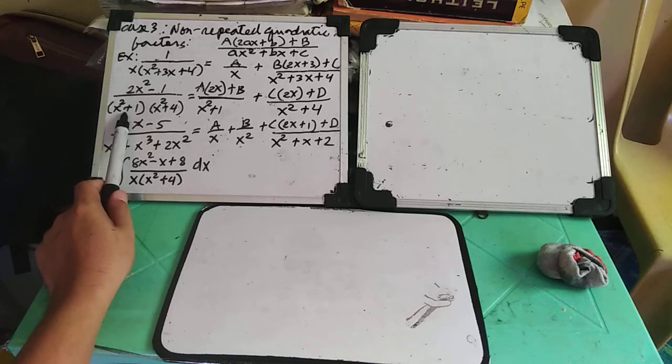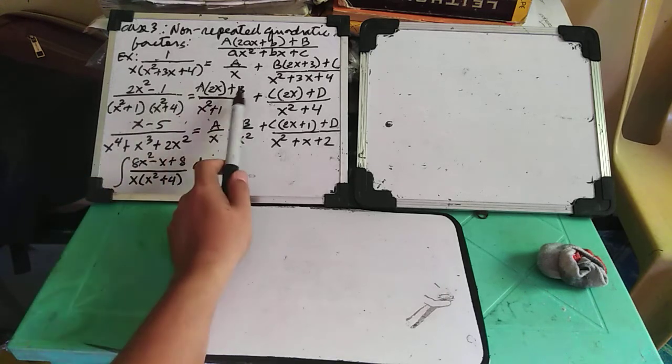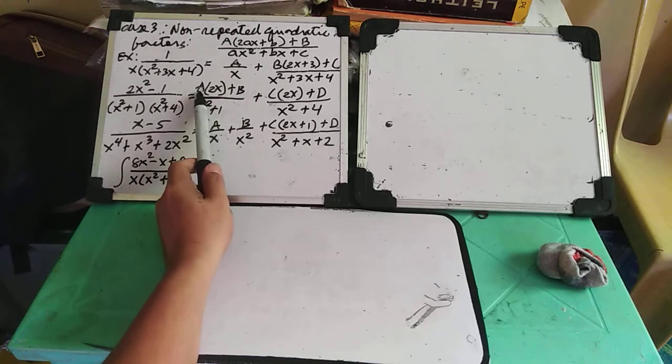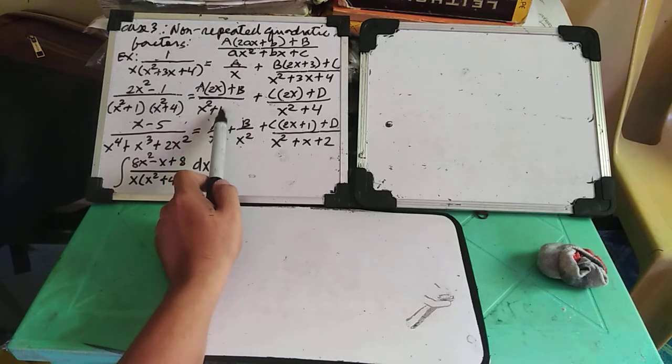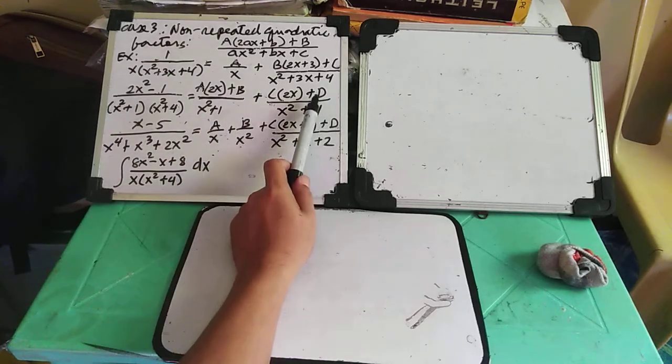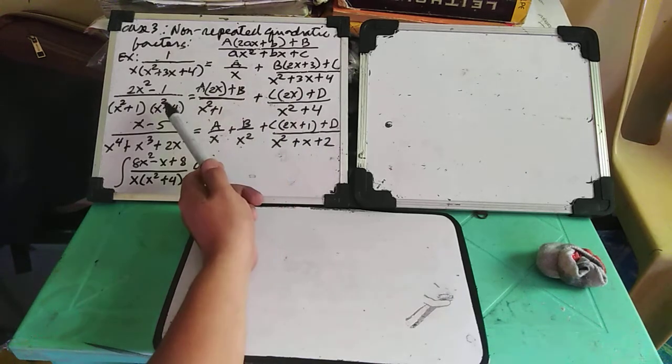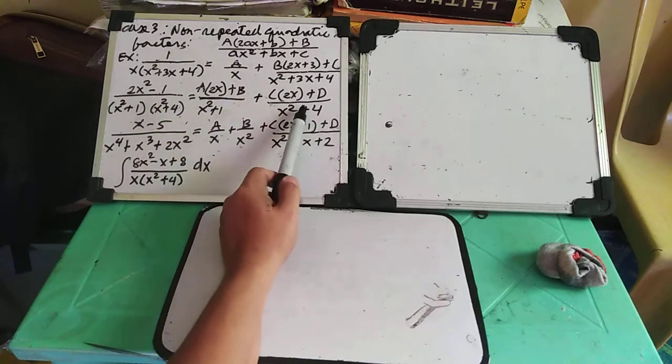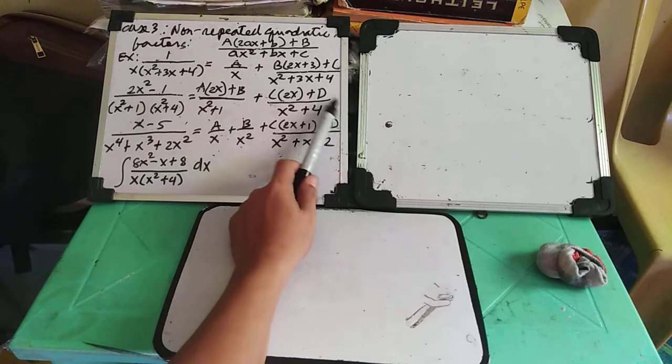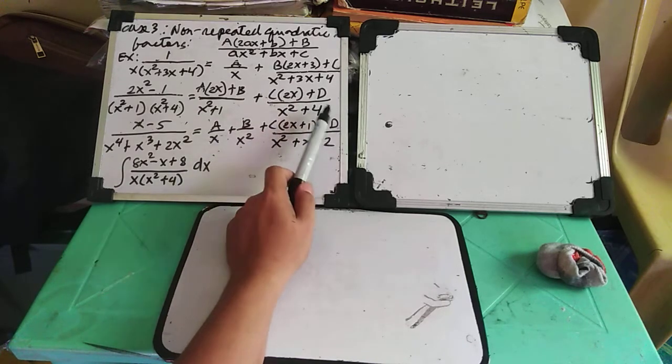So the first factor is x squared plus 1, so that's why the partial fraction is A times the derivative of x squared plus 1, which is 2x, plus B, then all over the quadratic factor, plus the second term, which is C times the derivative of the second quadratic factor, which is 2x, plus D all over x squared plus 4.